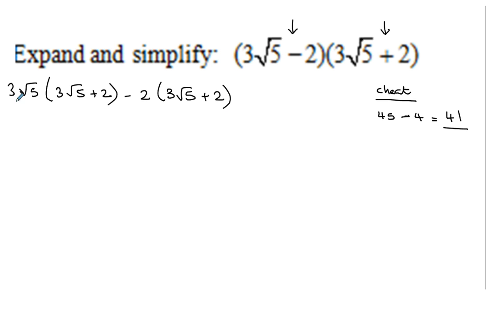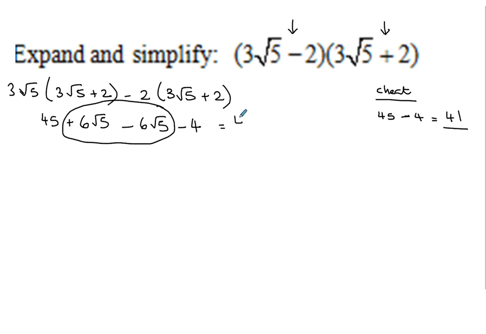So we've got 9 times 5 is 45, plus 3 times 2 is 6, so 6 surd 5, minus 2 times 3 is 6 surd 5, and then minus 2 times 2 is 4. So we've confirmed that that surdy bit disappears, and we've got 45 minus 4 equals 41. So we were just so good there.